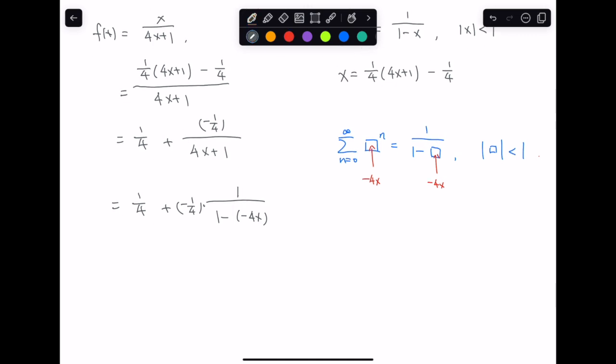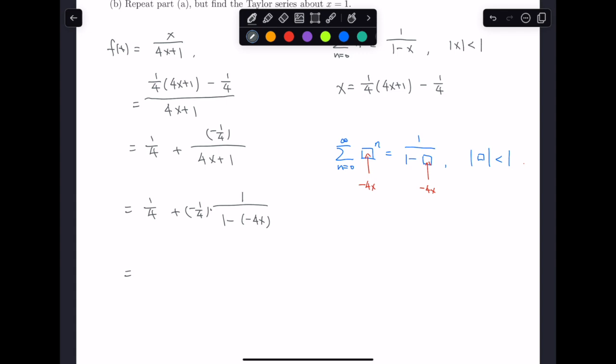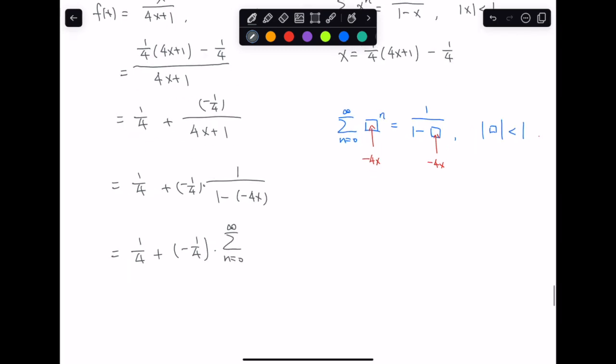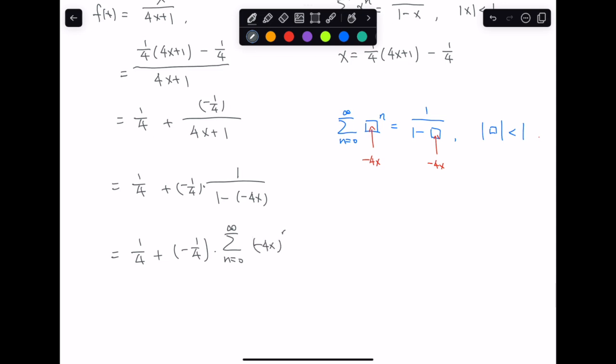So it's very clear that we should replace now this part with the series on the left-hand side. So we're going to get 1 over 4 plus this coefficient multiplied with sigma, from 0 to infinity, something raised to power n, which is negative 4x raised to power n.